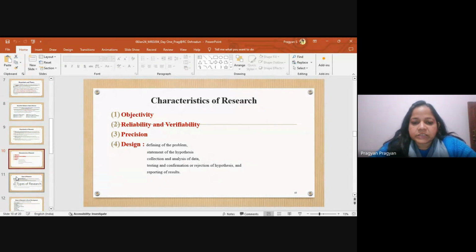Third portion is the actual research. Most of us understand that this is the overall research, but actually this is just one step of social research in rural development, and this is collection and analysis of data.